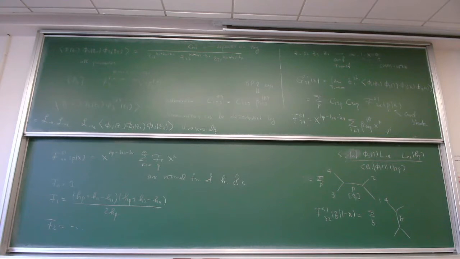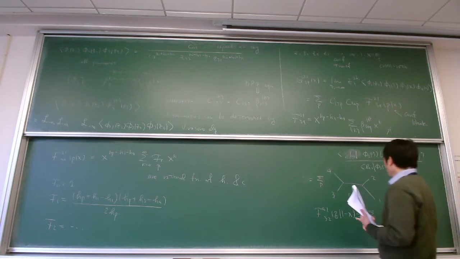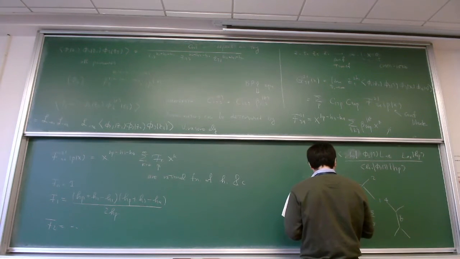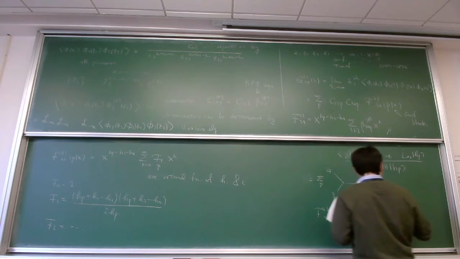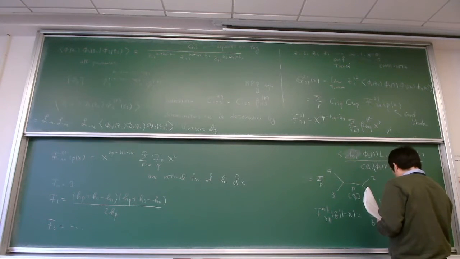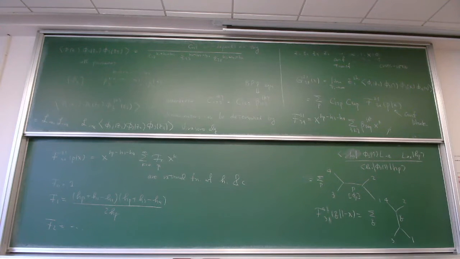I just got confused. It's a bit strange. I shouldn't use 4, 1, 3, 2. Sorry, 4, 2. So I think this is the type 4, 2, 3, 1. This is better. So you can take a different way of fusing. Here you just fuse 3, 4 and 1, 2. But here you can take another way of fusing: 1, 3 and 2, 4. And in the intermediate channel you have a family of Q.